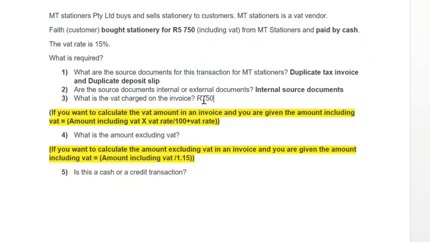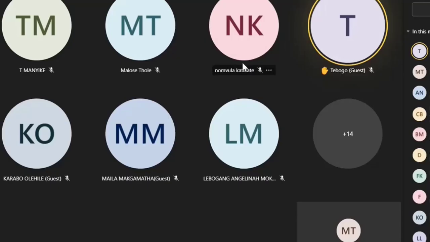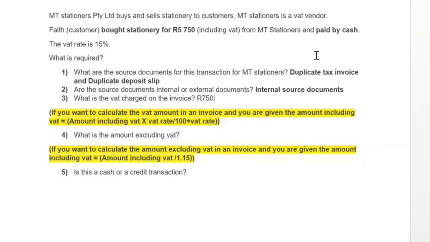How did we get to 750? May I answer that? Yes, please. So when I use the 115%, my basic calculation is that when this amount is inclusive of VAT, it means the amount is at 100 plus 15.